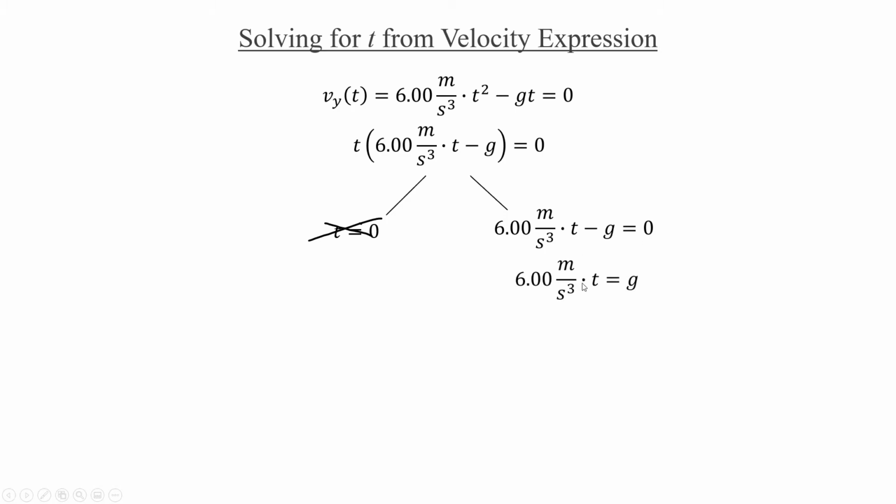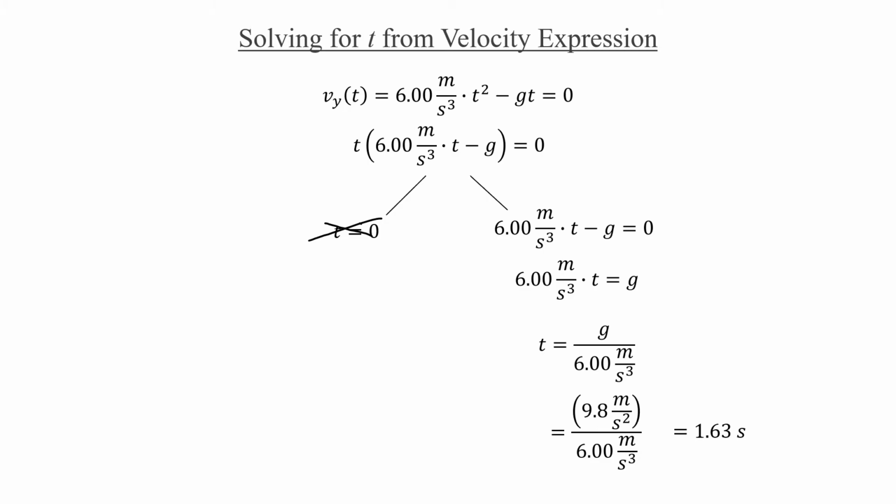We move g to the other side, and then we divide both sides by the 6 meter per second cubed to get t. If we plug in the 9.8 meter per second squared for g and do our math, we end up getting about 1.63 seconds to 3 significant figures.